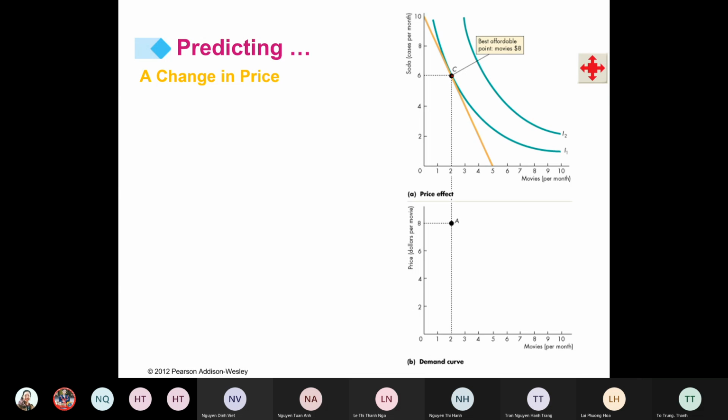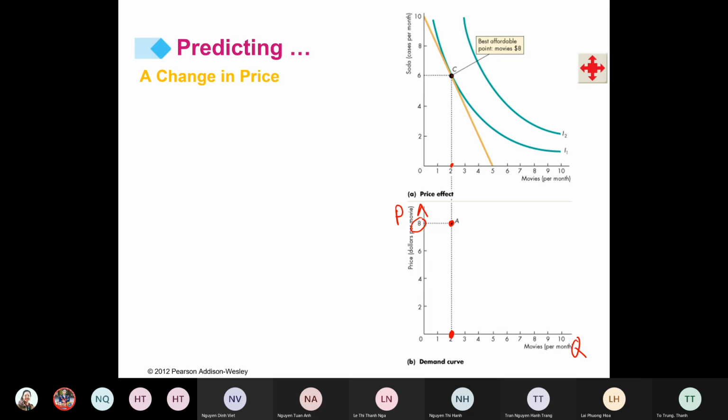But in the below figure, the vertical axis is the price of movies. This is the quantity of movies. And what we connect with the above figure is that at point C, Lisa buys 2 movies. So in the following figure, I find 2 movies at $8 per movie. So we find point A in the following figure.